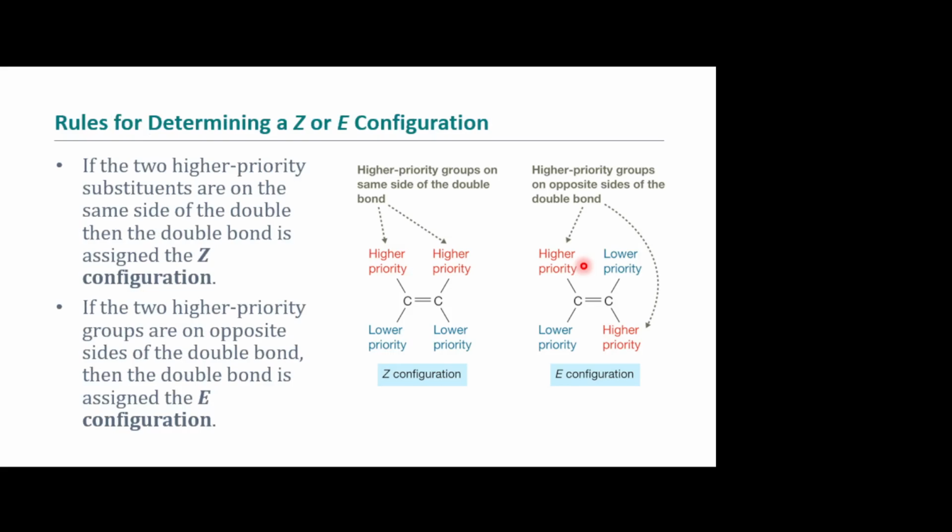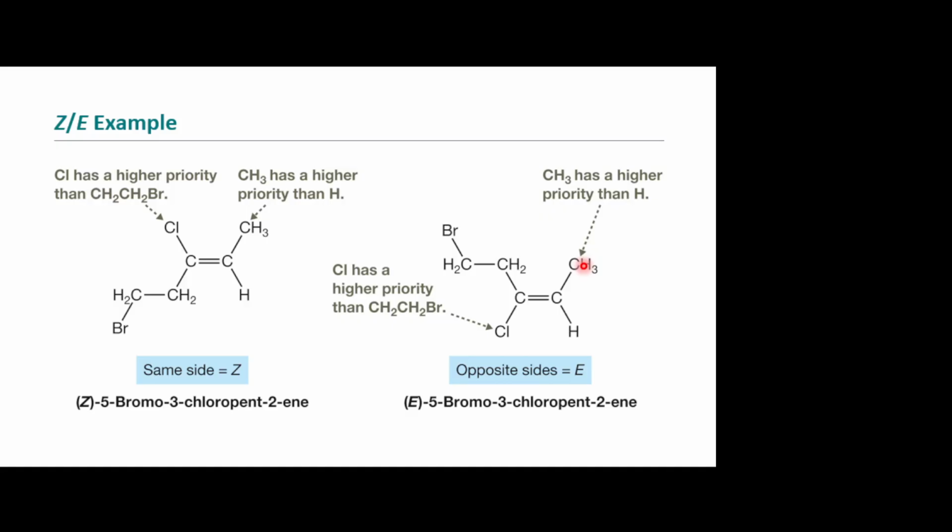Okay, does anybody have any questions about that so far? Let's try it out. So, what's the higher priority between chlorine and carbon? Chlorine. What's the higher priority over here between carbon and hydrogen? Carbon.